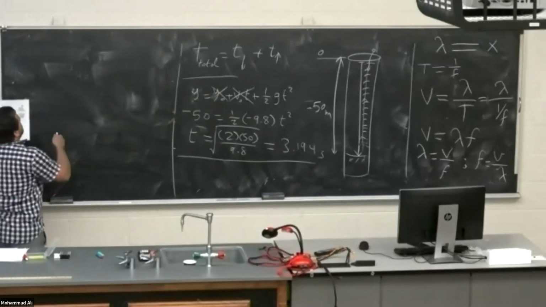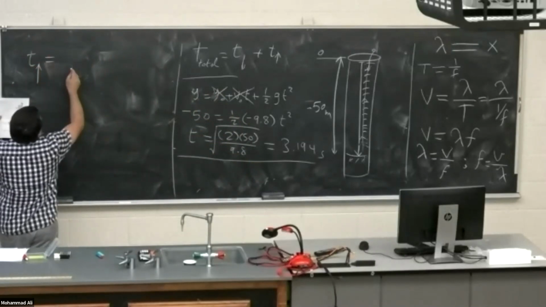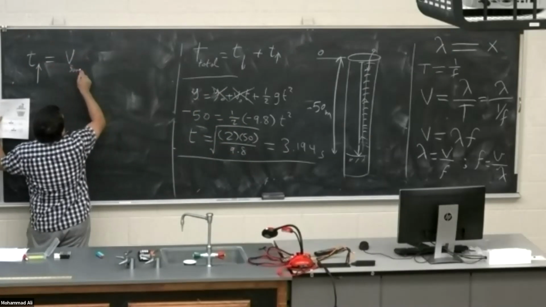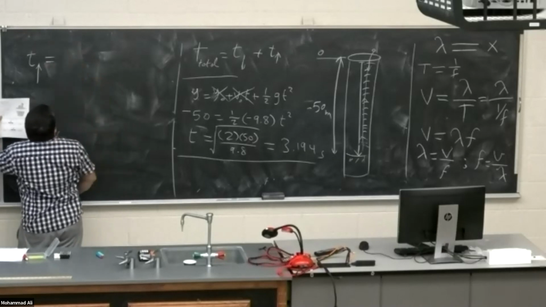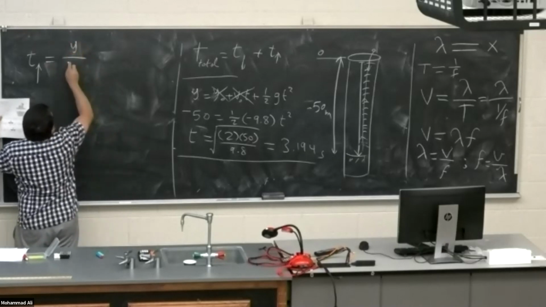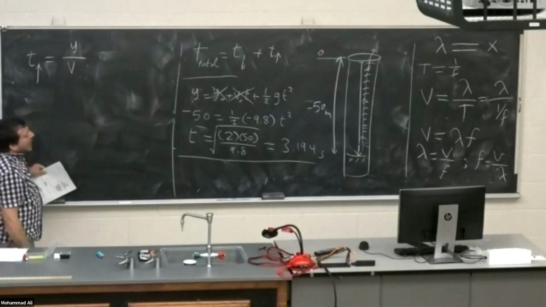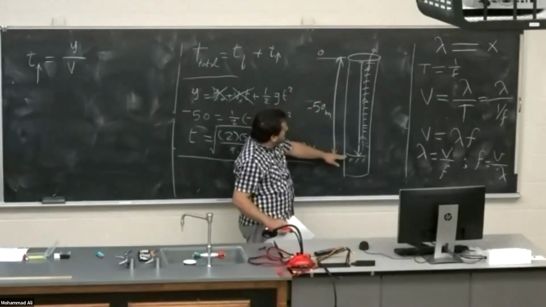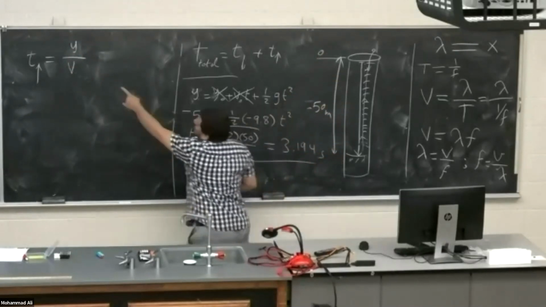Let us compute this t2, or t going up, which is equal to the distance y divided by the velocity of sound. Now from here to here, it's a distance. We can assume it is delta y.